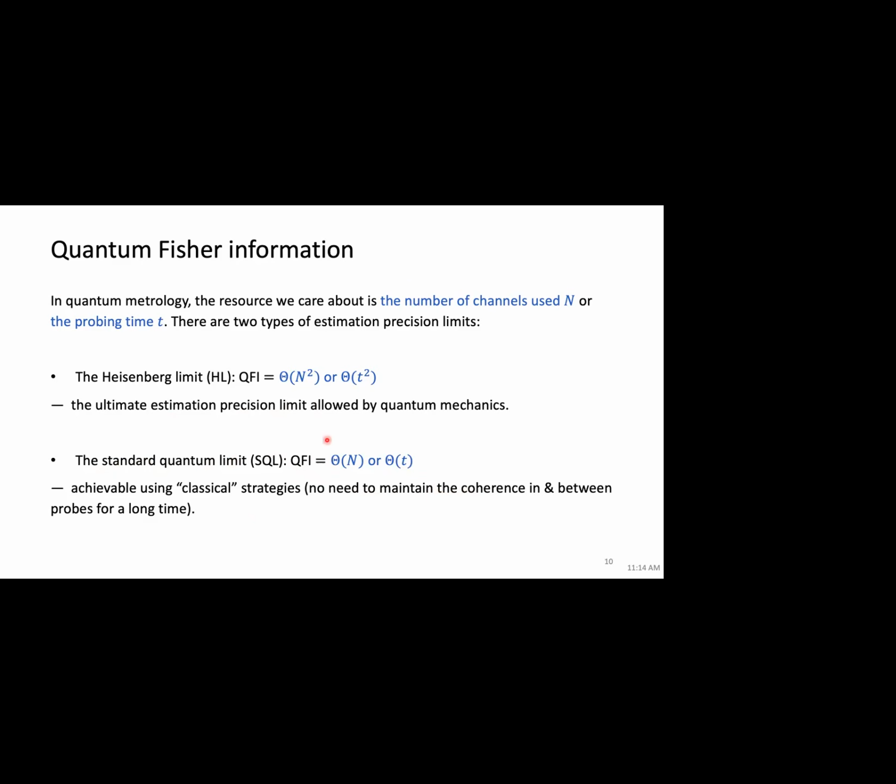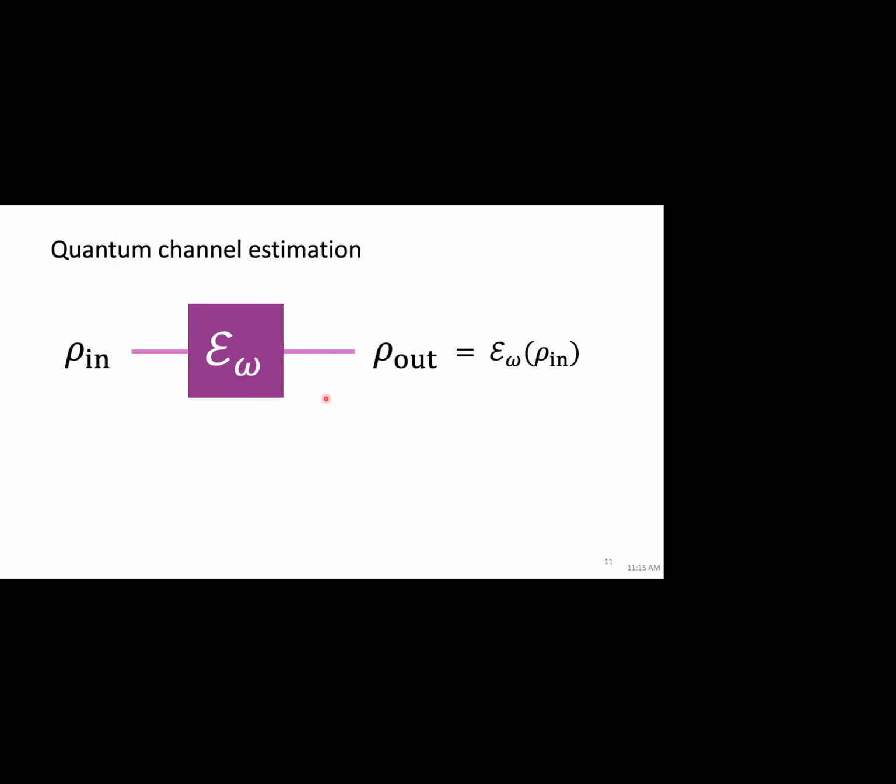Basically, one important subject in quantum metrology is to study when we can get a Heisenberg limit. In general, we could consider the estimation of a quantum channel. Suppose we have some quantum channel described by epsilon omega, and we want to estimate this omega. We could have many different situations. For example, if we have a unitary channel, then we want to estimate the strength of this Hamiltonian.